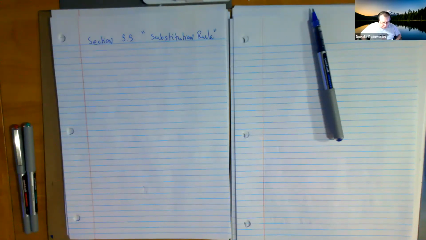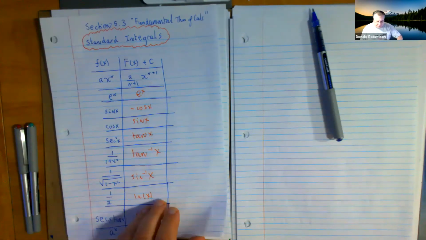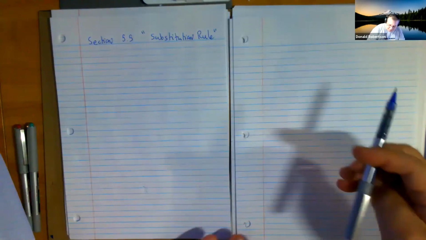But you can imagine that there are many, many functions in the world where no matter what algebra you do, you can't factor it, you can't use a trig identity, you can't do anything to it that's ever going to make it look like this. There are lots of situations where that is just not going to happen.